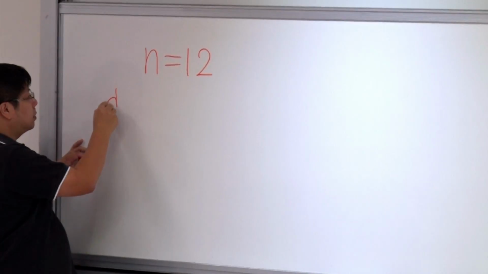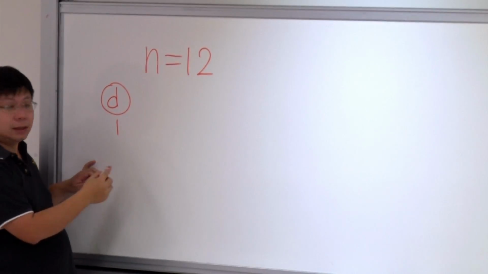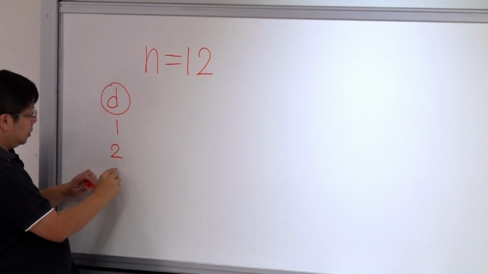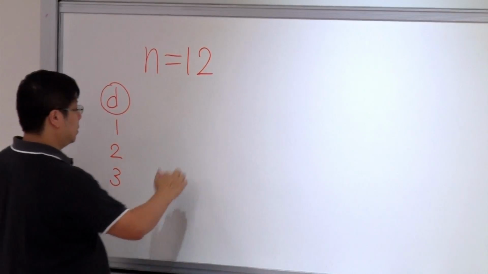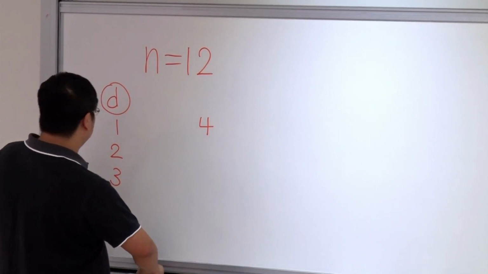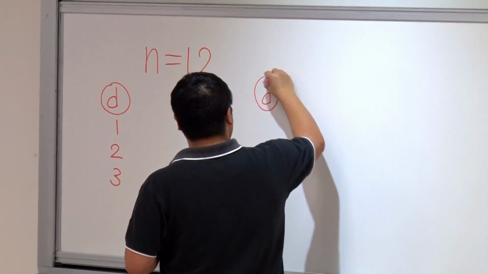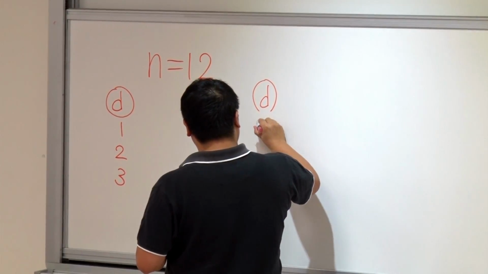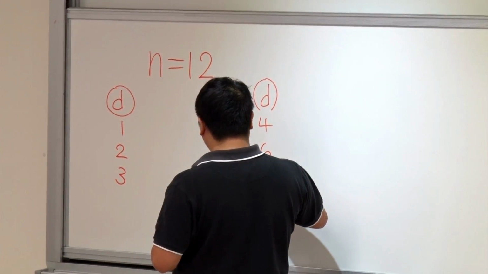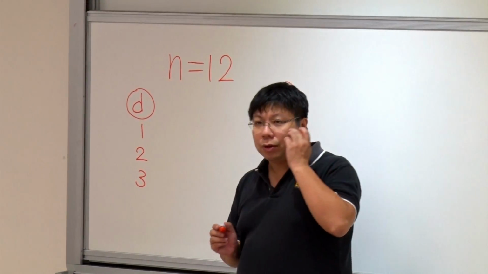Possible divisors include 1. 1 is a divisor, right? 2 is a divisor. 3 is a divisor. 4 is a divisor. Maybe 6. 6 is a divisor, and 12 is a divisor. Am I correct? Okay.